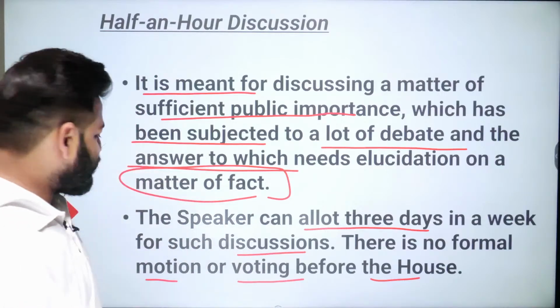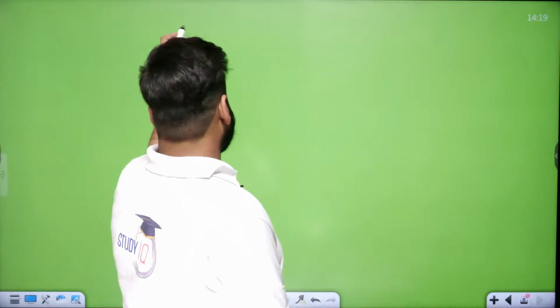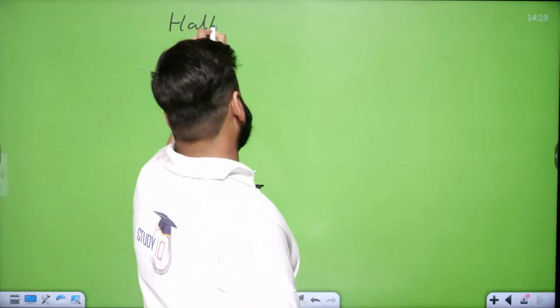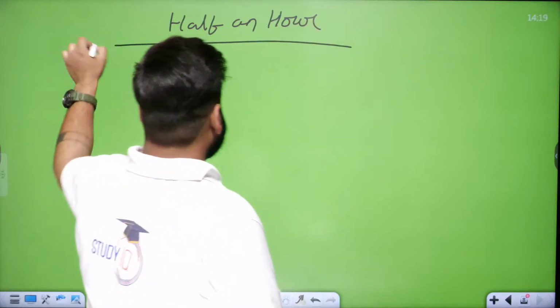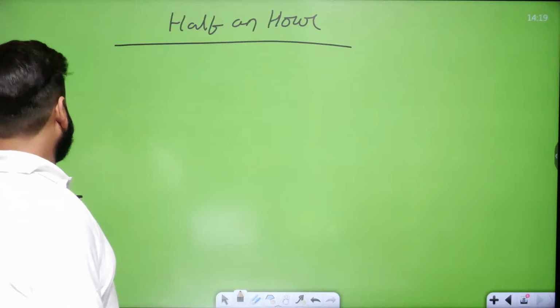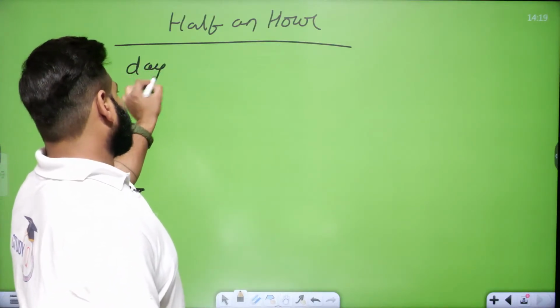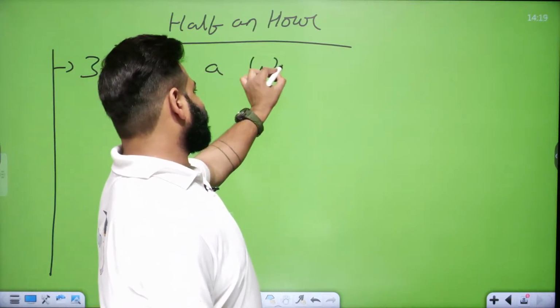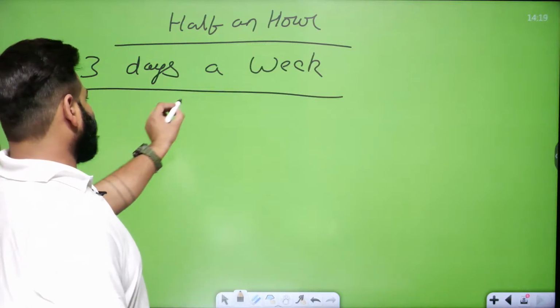So you can understand it here. We talk about the half an hour discussion, so obviously that is 30 minutes. The features: firstly, 3 days a week. Who will be the deciding authority?